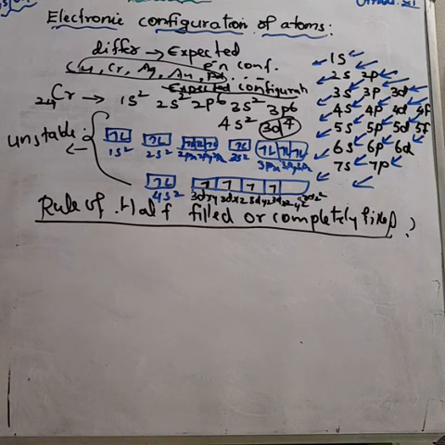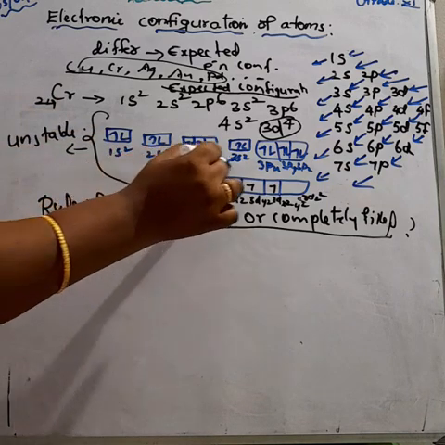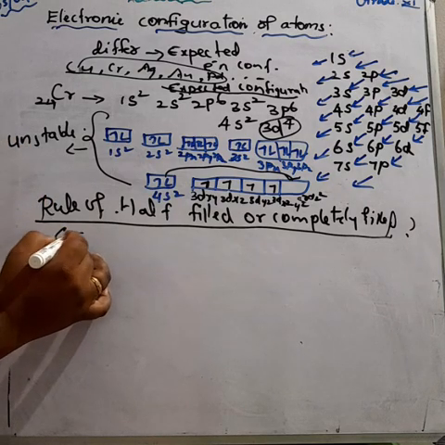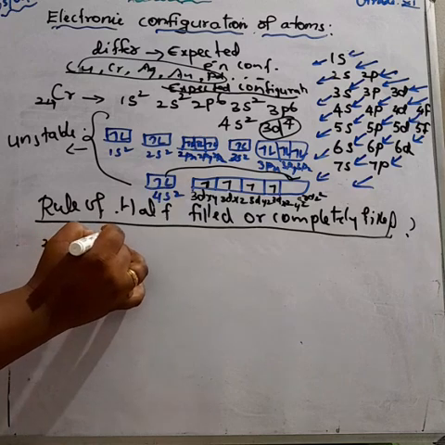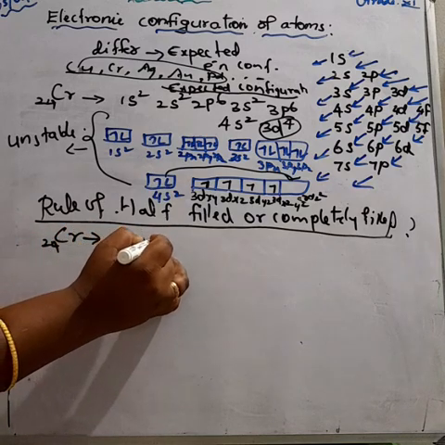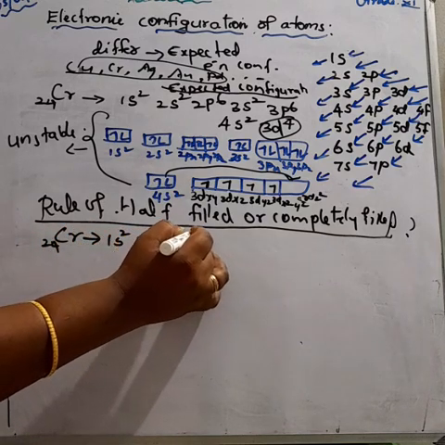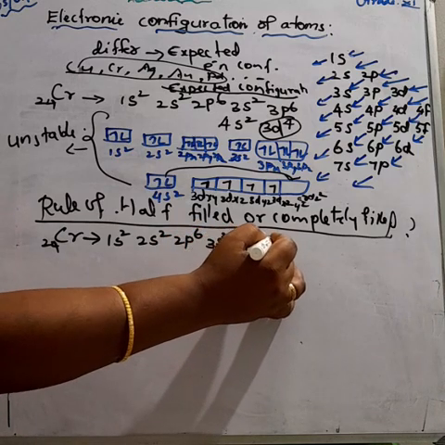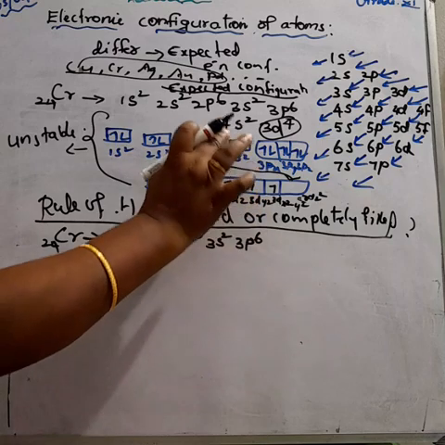The 4s orbital gives 1 electron to the d orbital. So how will you write the electronic configuration now? Chromium 24: 1s2, 2s2, 2p6, 3s2, 3p6 and then 4s2.